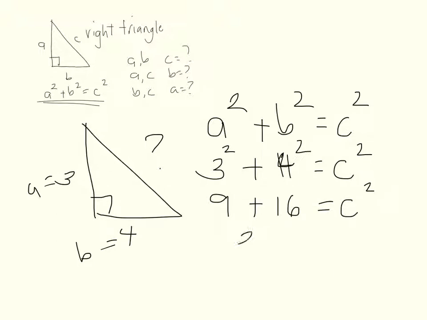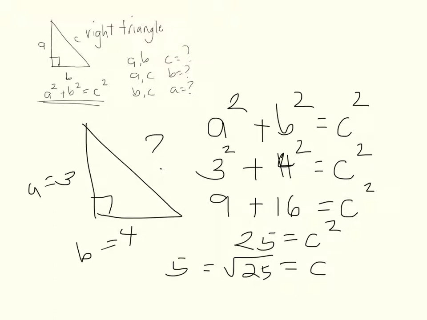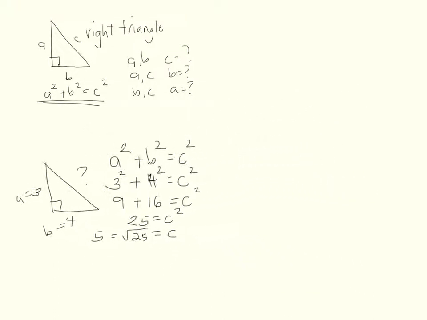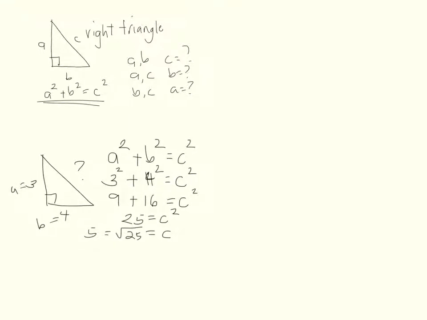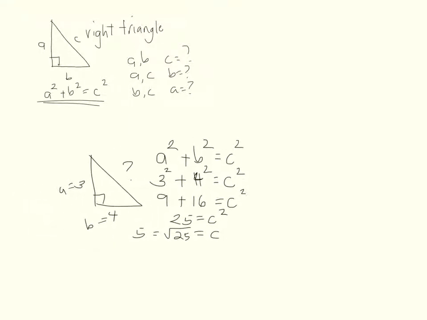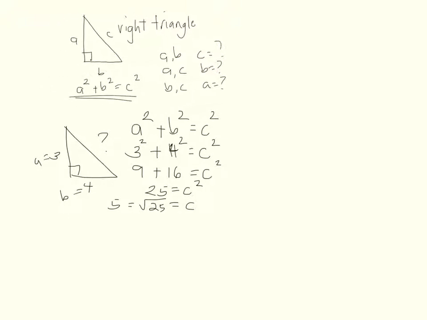Adding 9 and 16 gives you 25, which is equal to C squared. To find C, you get the square root of 25, and that is equal to 5. So that's how you solve this.